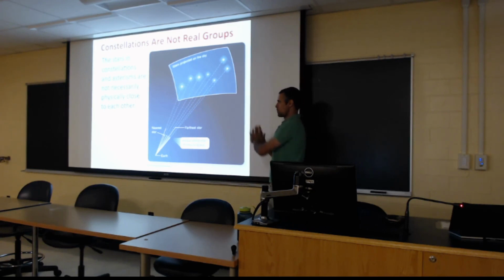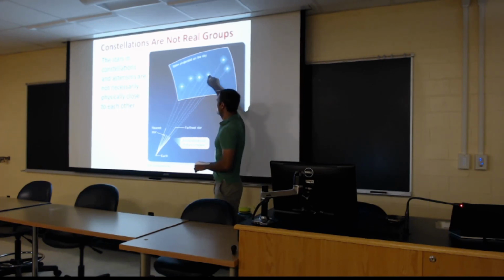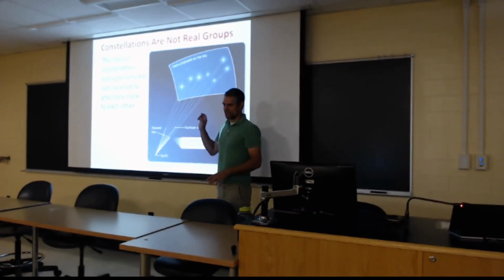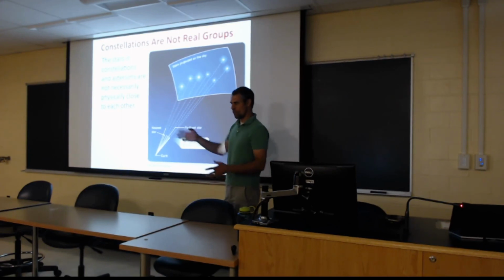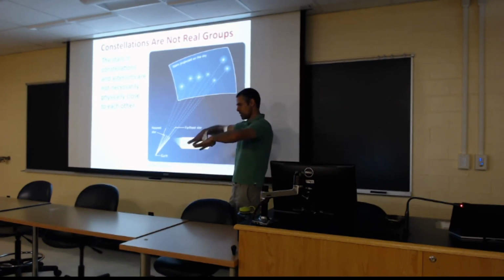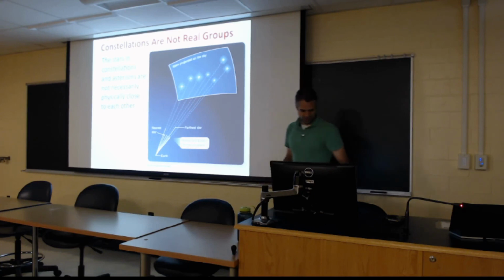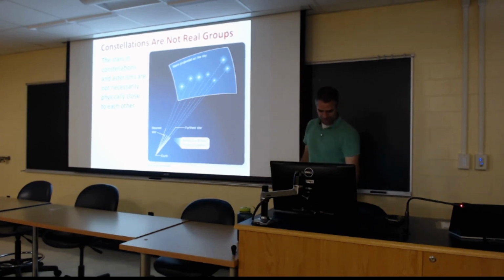And this slide is meant to point out that if you look at, say, the Big Dipper, each star in the Big Dipper has a different distance from the Earth. So if you were able to go above the galaxy and look down on the Big Dipper, they would not be associated at all. They're all at different distances in a different part of the galaxy. So it's just a convenience. They're not actual groupings.